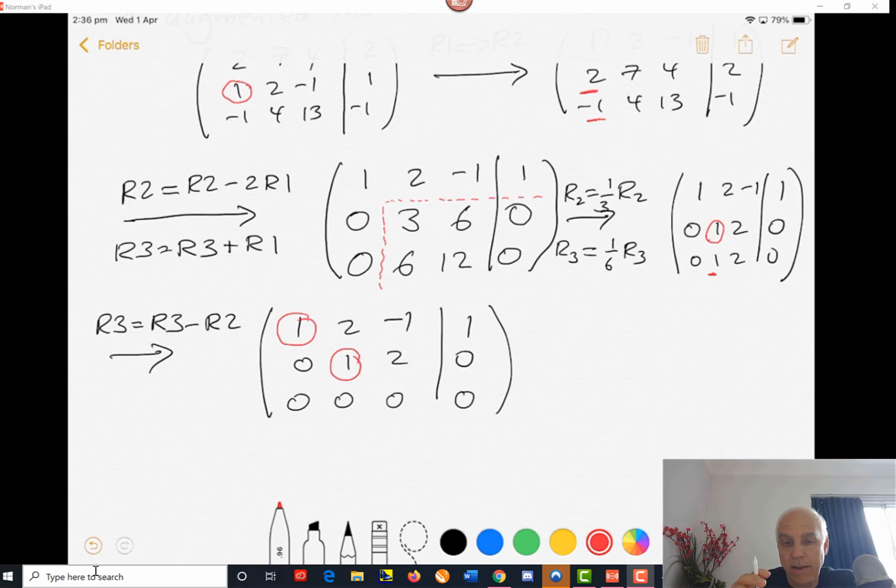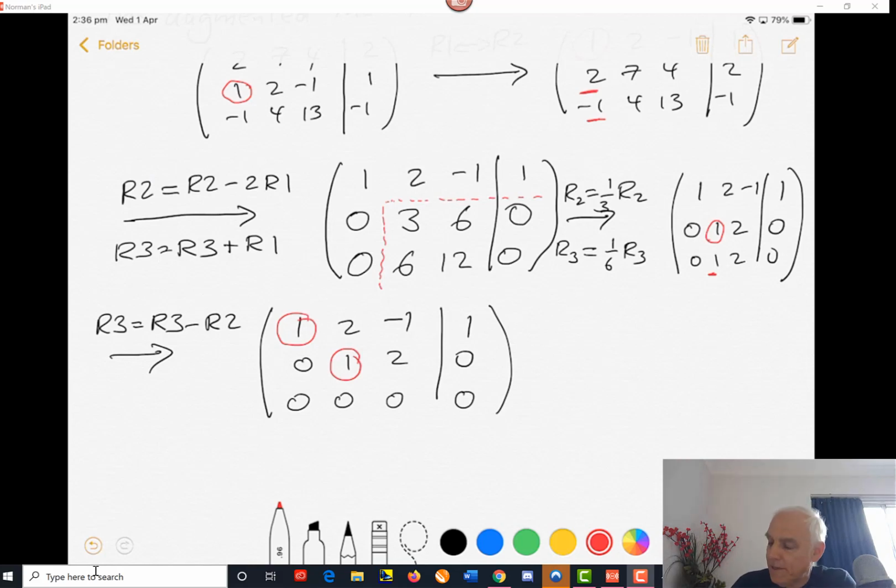So 1 at the top corner, and then we have to move right and down to get the next 1. Also those ones that I've circled have the property that there's nothing but zeros underneath them.